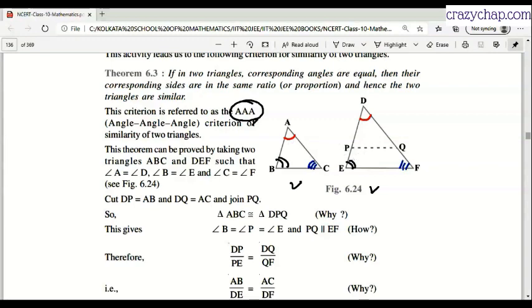Right. So these two triangles will be similar under the rule AAA similarity, meaning angle, angle, angle similarity.